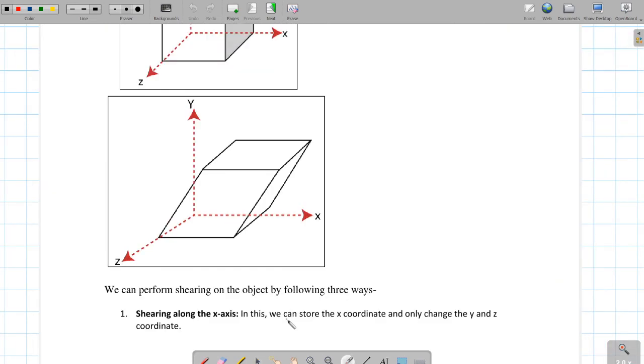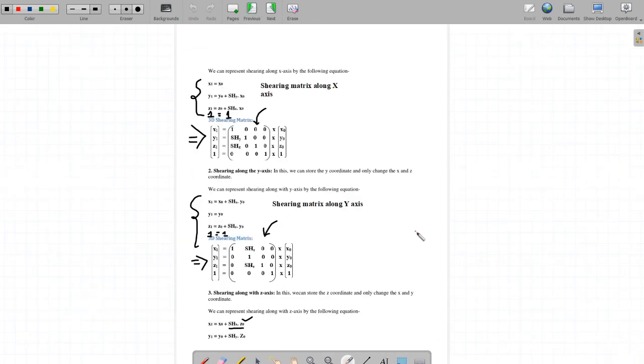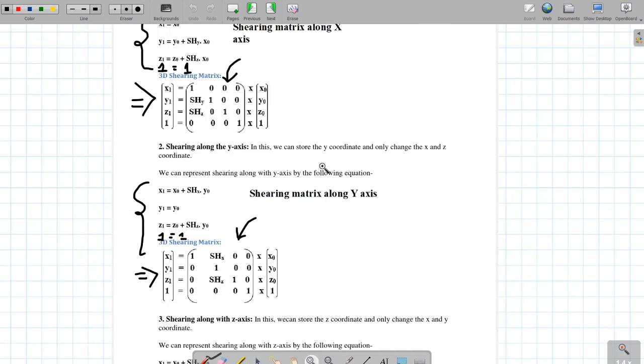In shearing along x-axis, only the x coordinate value doesn't change, the change happens in y and z coordinate values. Similarly, in shearing along y-axis, the y coordinate value doesn't change, and the change happens in x and z coordinates.